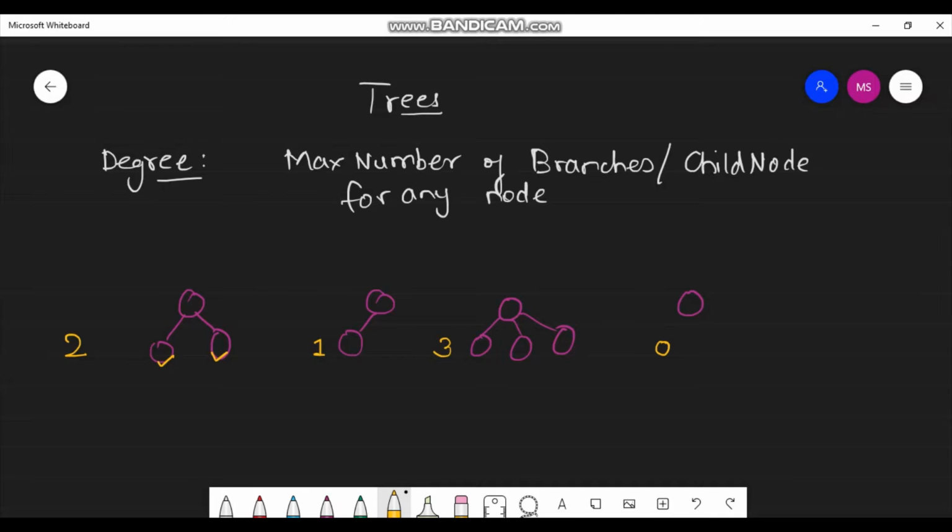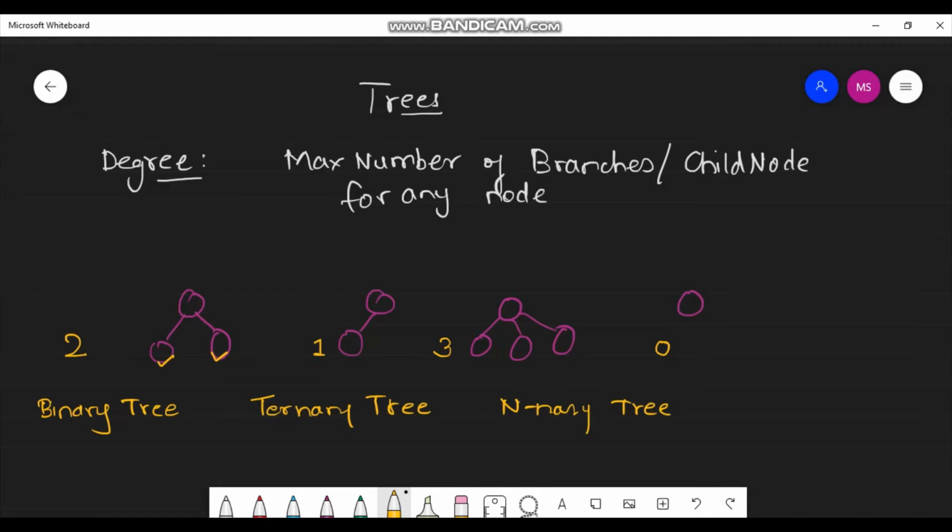So from this degree concept, I will explain what is binary tree, ternary tree, and what is n-ary tree.